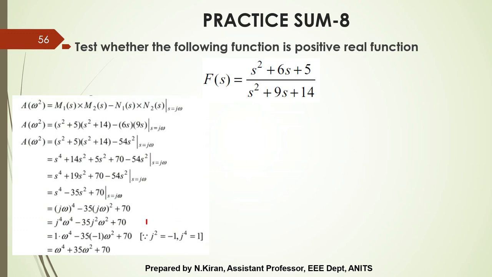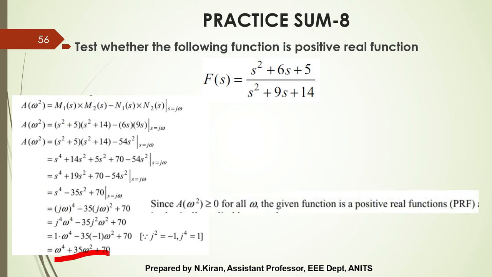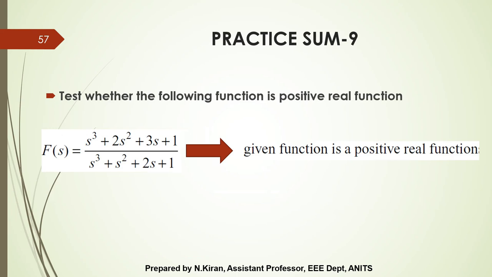All the coefficients are positive. Hence the given A of omega square is greater than or equal to 0 for all omega. The given function is a positive real function. This also you can try on your own and check whether it is positive real or not.